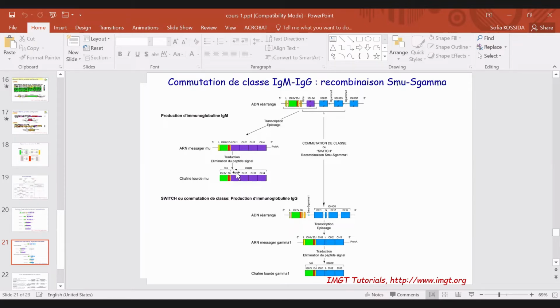This part describes precisely what we saw at the previous slide: the generation of a mu heavy chain. So it's exactly the same as the previous slide. I repeat, we have the messenger RNA, then the translation, the peptide, and the heavy mu chain.